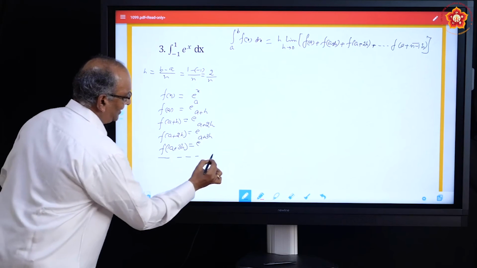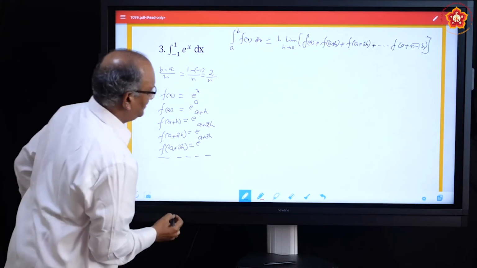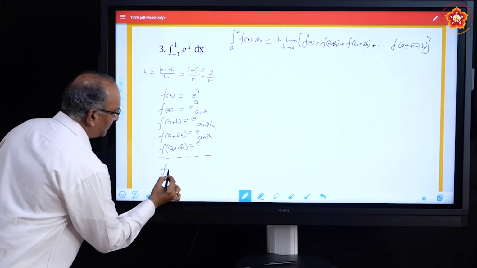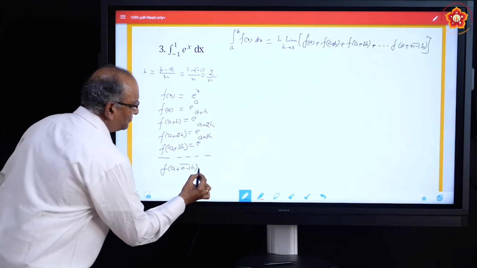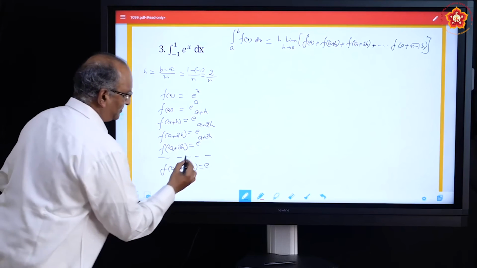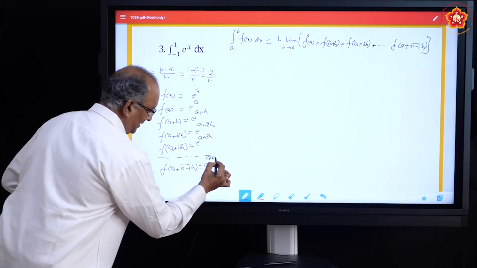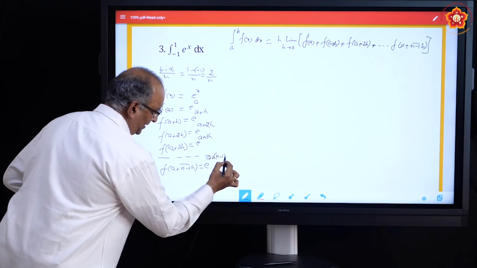And it can go on like that. Write the last term, that is f of a plus n minus 1 h. What will it be? e to the power a plus n minus 1 into h.